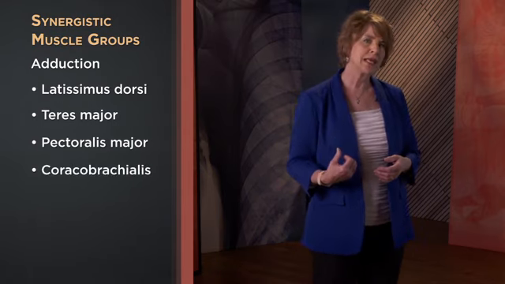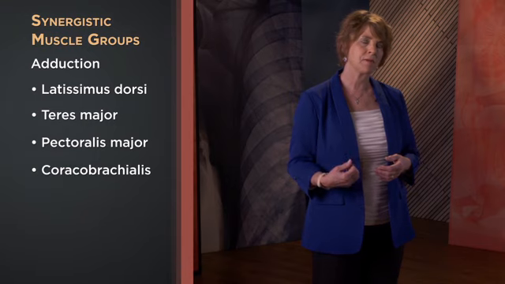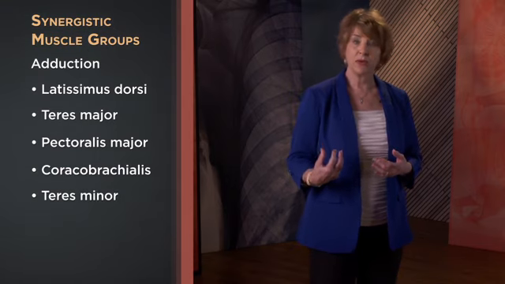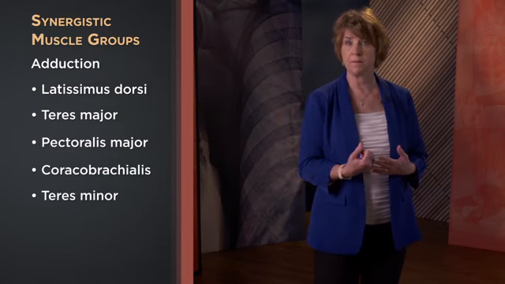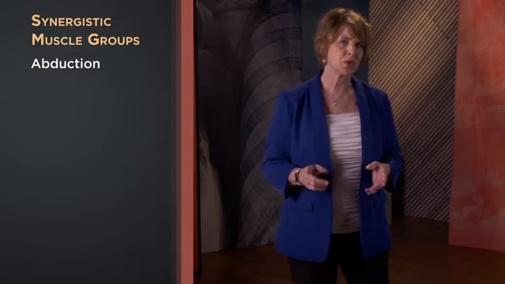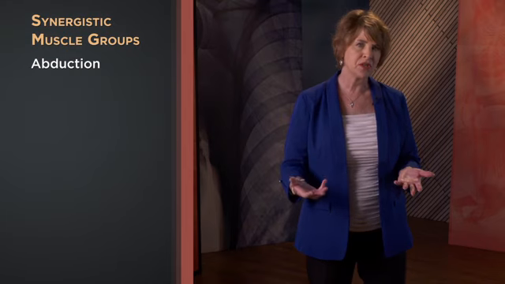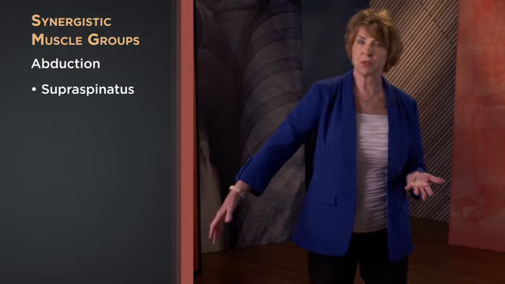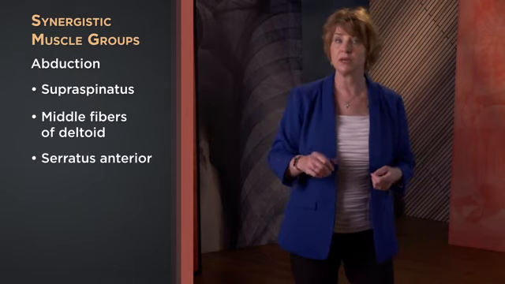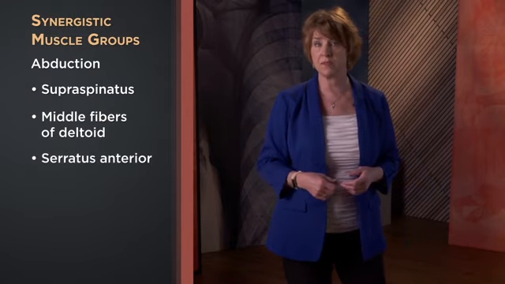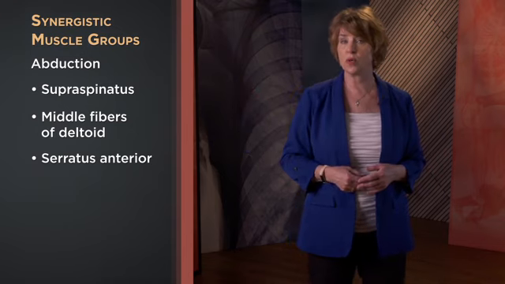But coracobrachialis in the anterior arm and teres minor can also weakly assist, bringing the humerus towards the body. And already mentioned were the series of muscles that all pitch in for abduction, supraspinatus, then deltoid, followed by serratus anterior to torque the glenoid fossa superiorly and reach above the horizontal plane.